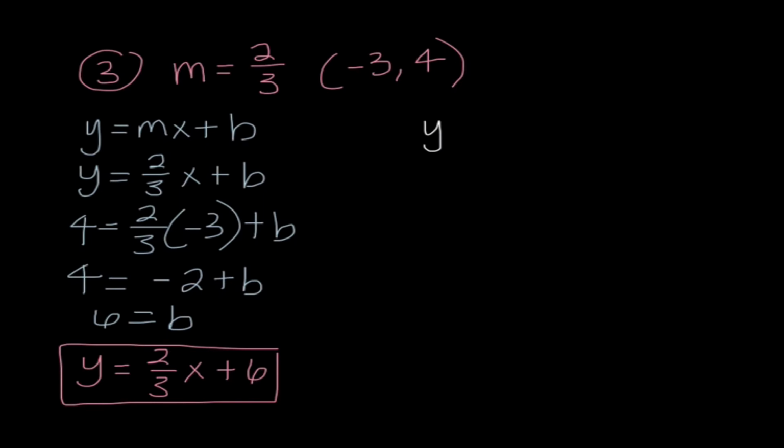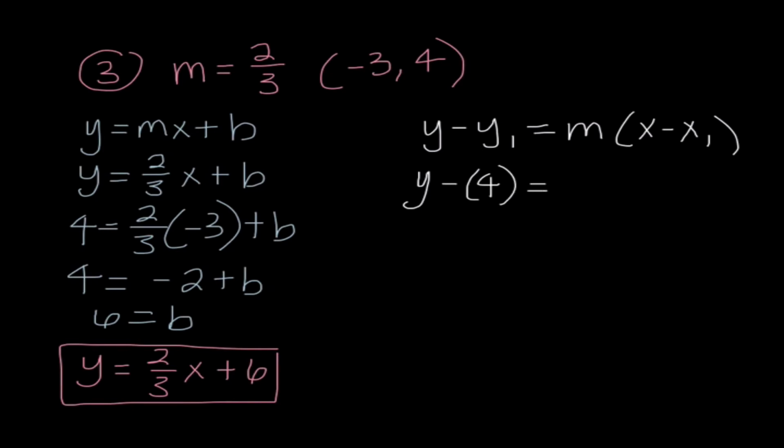Okay, I just want to introduce you guys to point-slope form, because in a lot of ways, I think this is actually easier. So in point-slope form, what I'm going to go ahead and do here, I need to substitute in my ordered pair. I also need to substitute in my slope.